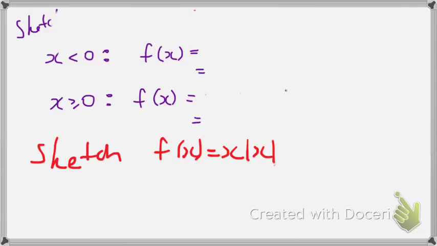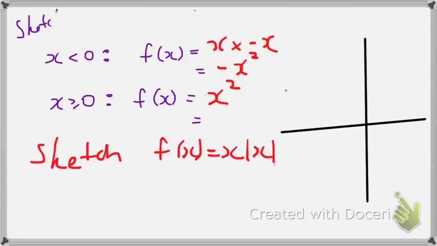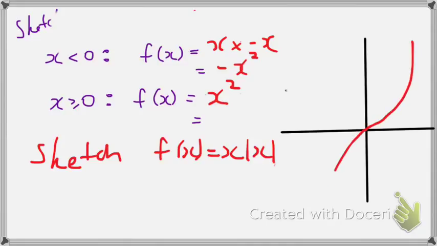So when x is negative, this is going to be x times minus x. So that's minus x squared. And when x is positive, it's just going to be x times x. So it's just going to be x squared. So the graph looks something like this. Right? Half a parabola, half a parabola. Almost like a cubic, but the curves are actually parabolas.